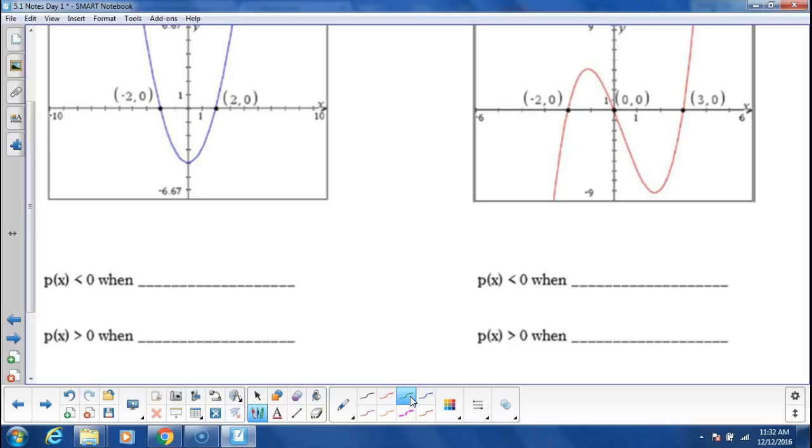So on this first one, that would be from -2 to +2. P of x is greater than 0 when it's above the x-axis. So on this one, that would be from negative infinity to negative 2, unioned with 2 to infinity.